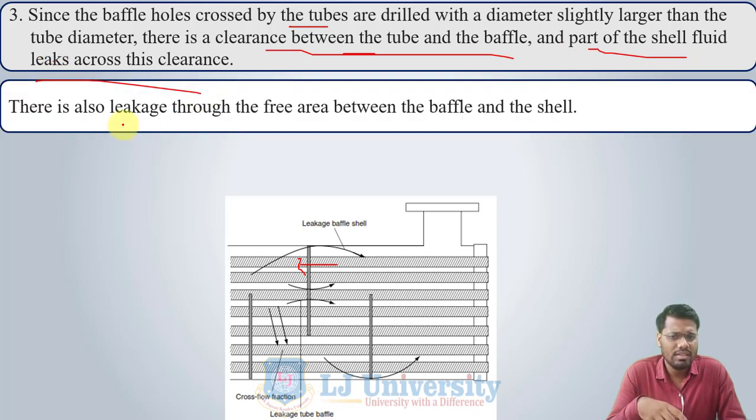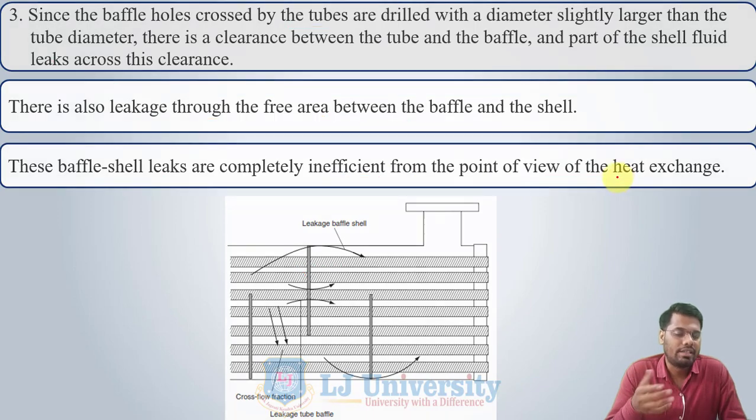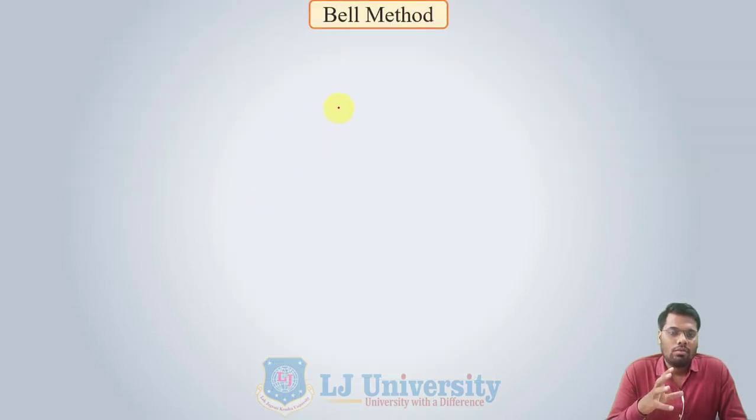This is also leakage through the free area between the baffle and the shell. These baffle-shell leaks are completely inefficient from the point of view of heat exchange. So these are the limitations of Kern's method, which can be removed by the Bell method.